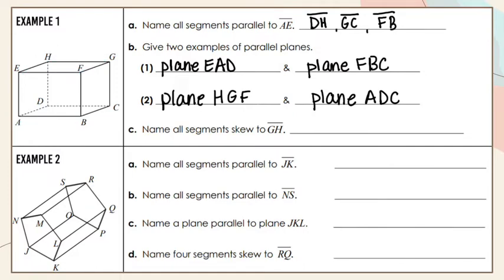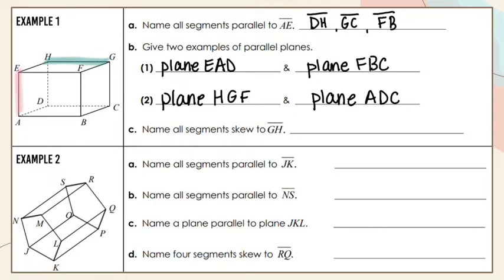Name all segments skew to GH. So this is GH. If we want to talk about segments that are skew, that means they will never intersect, but they can't be parallel. So EF is parallel, so that doesn't work. BA is parallel, doesn't work. CD is parallel, so that doesn't work.